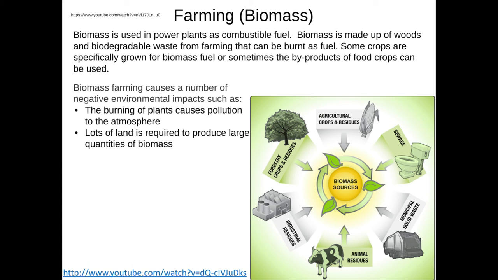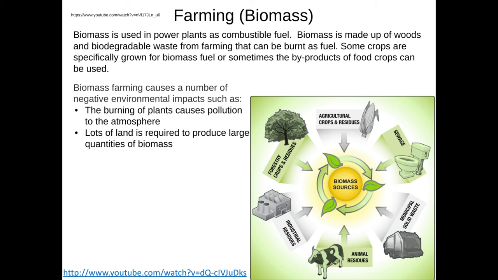It obviously requires a lot of land to produce large quantities of biomass, but the burning of this residual crop can be deemed carbon neutral. Because the carbon that is being released into the atmosphere was taken in by the crop through photosynthesis during its growth.